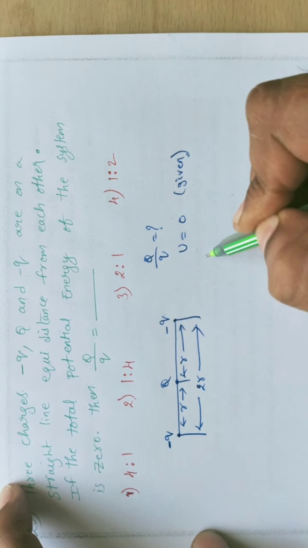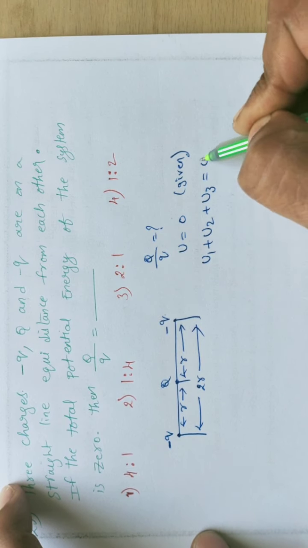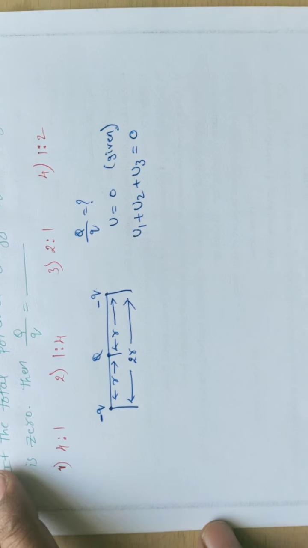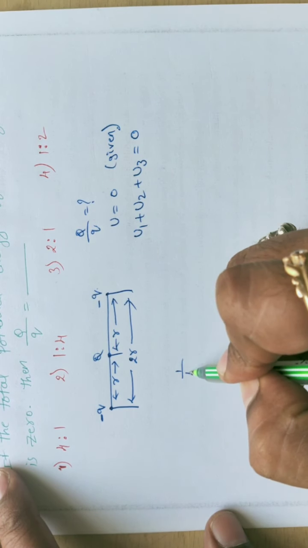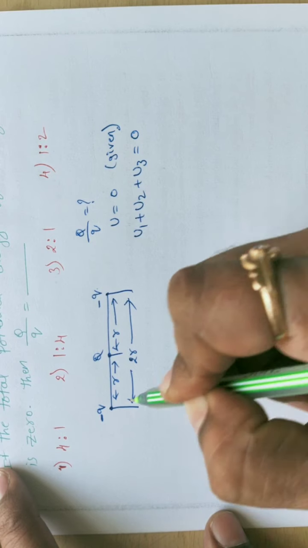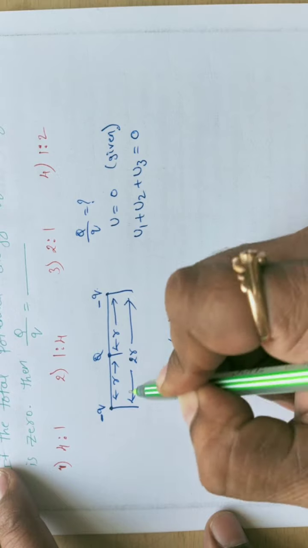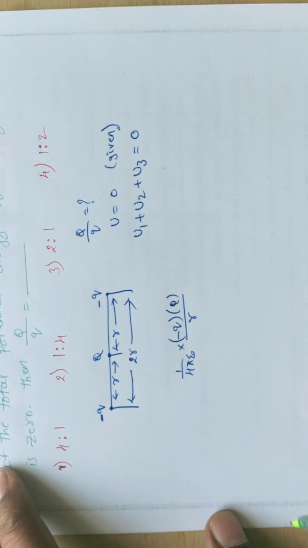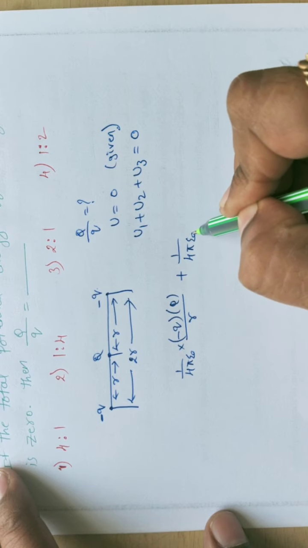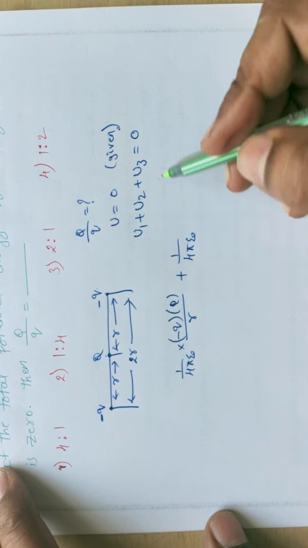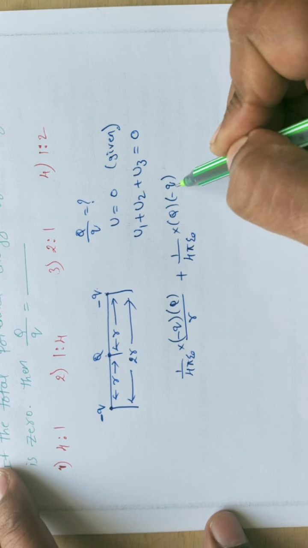U equal to 0 means we can represent U1 plus U2 plus U3 is equal to 0. The U1 value we find as 1 by 4 pi epsilon naught, minus q into Q divided by r, since the distance between these two is r. Plus 1 by 4 pi epsilon naught, Q into minus q divided by r.